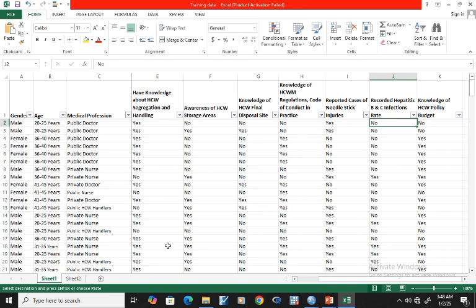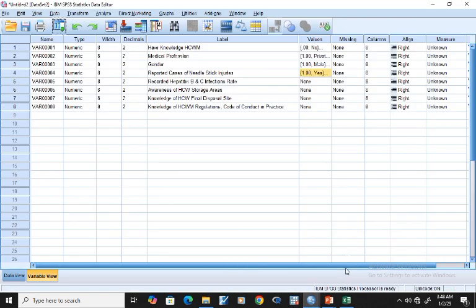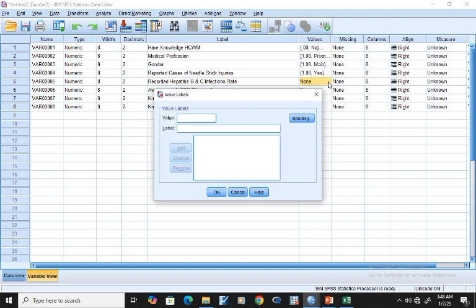So we have no or yes. So that's similar to the other variable. We have 1 implies yes, 2 implies no.